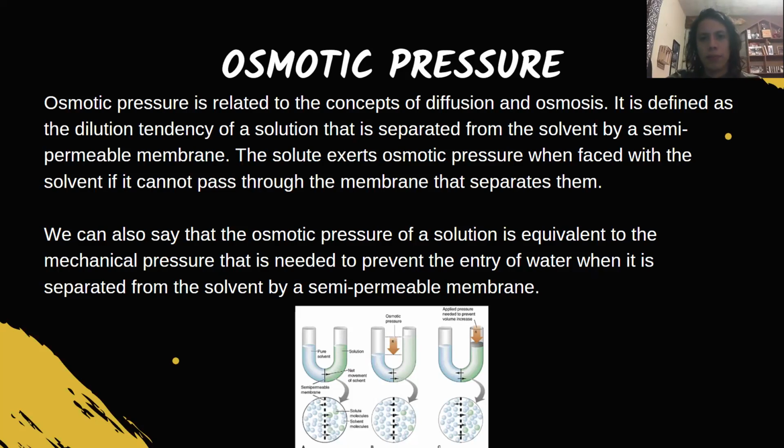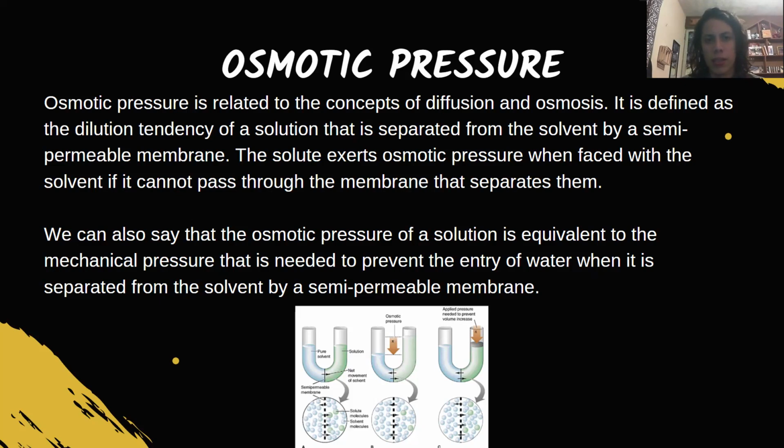Osmotic pressure. Osmotic pressure is related to the concept of diffusion and osmosis, and it's defined as the tendency of a solution that is separated from the solvent by a permeable membrane.